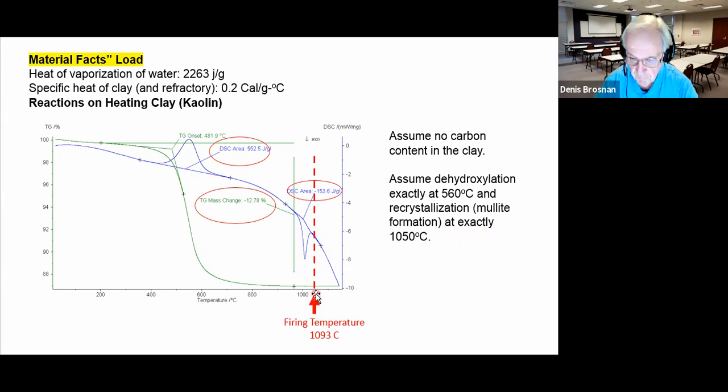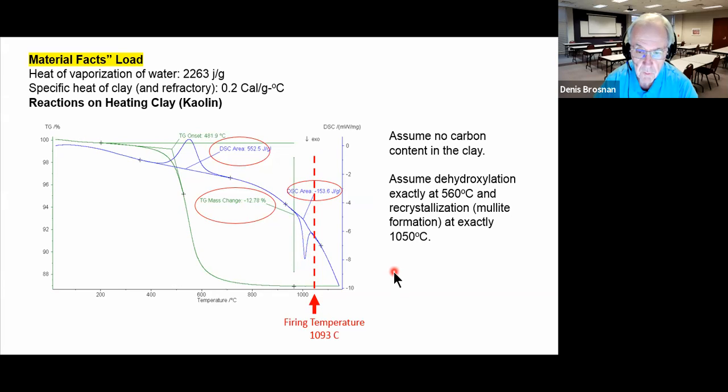The firing temperature of the furnace at 2000 degrees Fahrenheit or 1093 degrees C is shown by this dotted line. So certainly the weight loss occurs in the firing cycle. The endothermic reaction occurs in the firing cycle, and the exothermic reaction forming mullite is seen in this firing cycle.